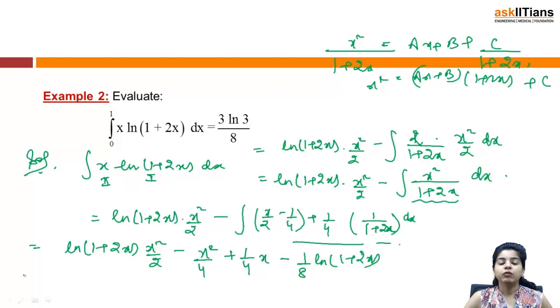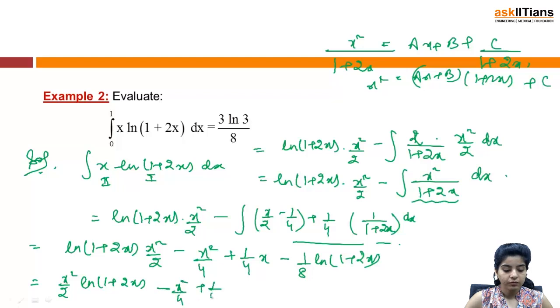So basically what we are doing in definite integration is that if you remember, in indefinite integration you used to get a constant on integrating the functions. Now in this case we won't be getting a constant because we are having definite limits. So we have reached this step. This finally becomes x square by 2 ln of (1 plus 2x) minus x square by 4 plus 1 by 4 x minus 1 by 8 ln of (1 plus 2x), right.